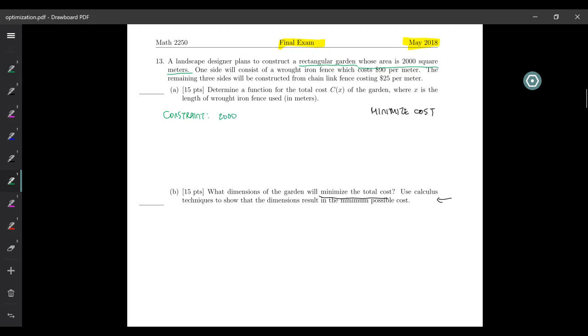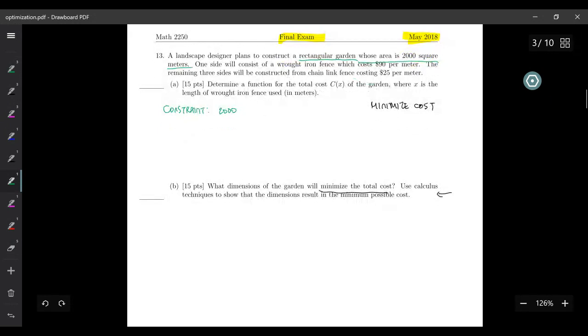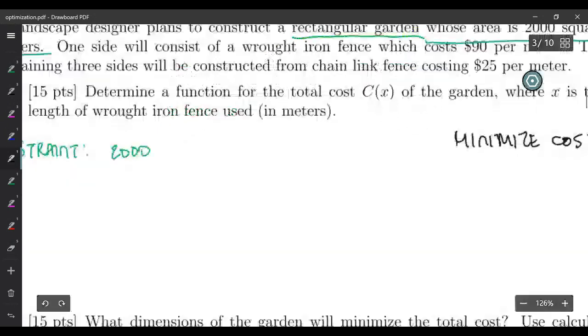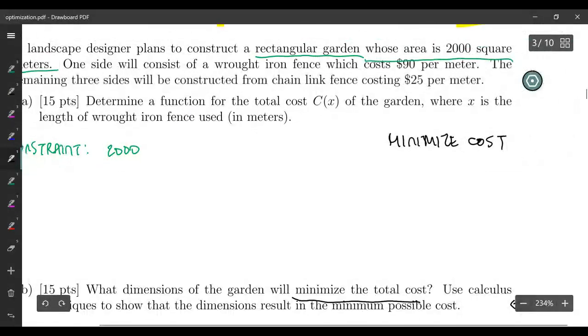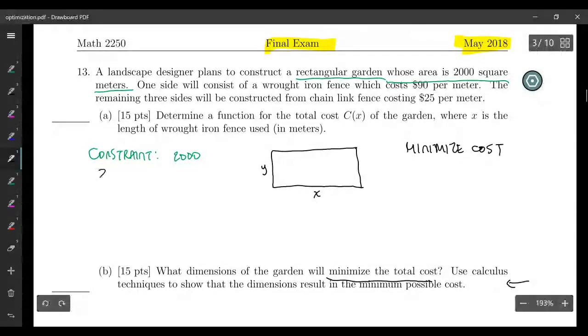And the fact that we have a rectangular garden, I'm going to zoom in a little bit and draw here. Right, so let's set x be the length and y be the width. So in this case, my constraint is 2000 is equal to x times y.